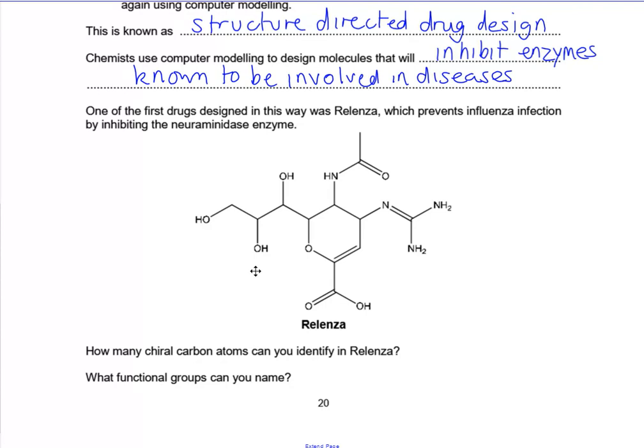Scientists determined the structure of the neuraminidase enzyme, which is involved in the infection of the flu virus, and then designed Relenza to stop this enzyme working. The molecule is shown in the diagram. Stop the video and work out how many chiral carbons there are in the Relenza molecule. Also identify which functional groups are in the molecule.